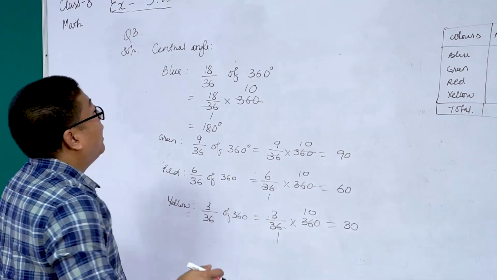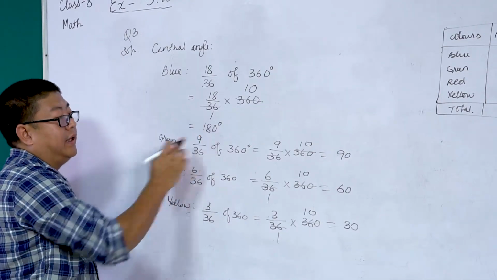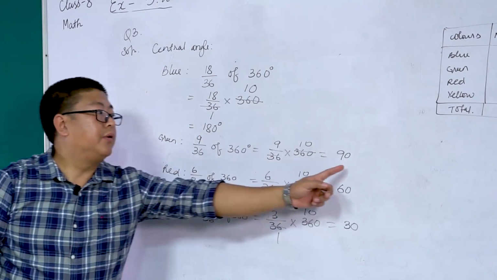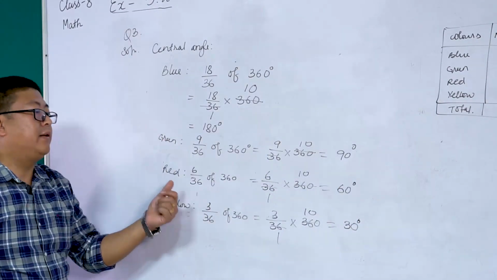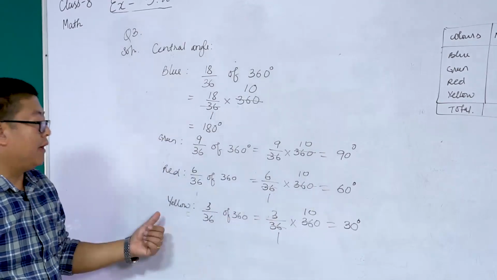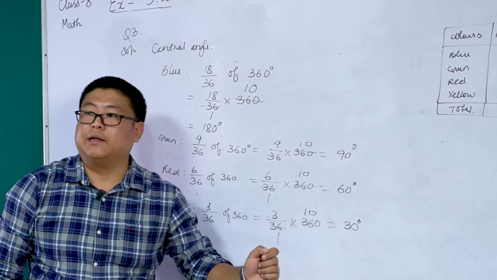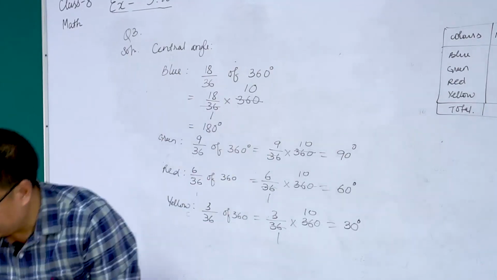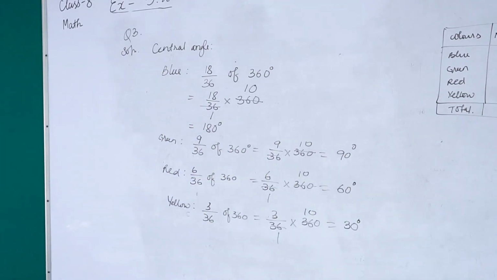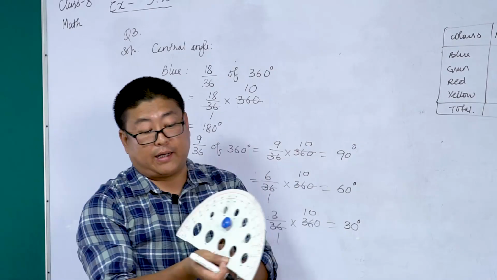Now, we have for blue 180, for green we have got 90 degrees, for red you have 60 degrees, and for yellow we have 30 degrees. Now we have to draw a pie chart using this data. So I have with me a protractor.